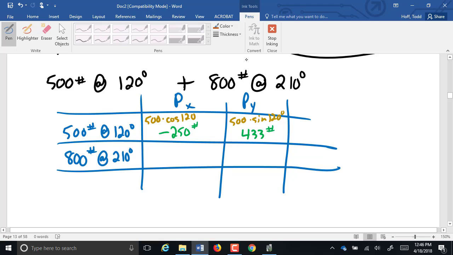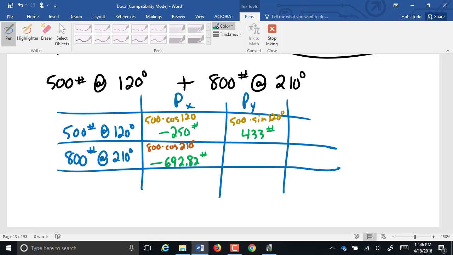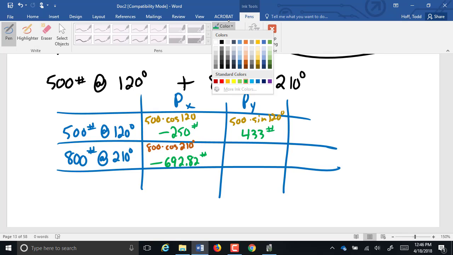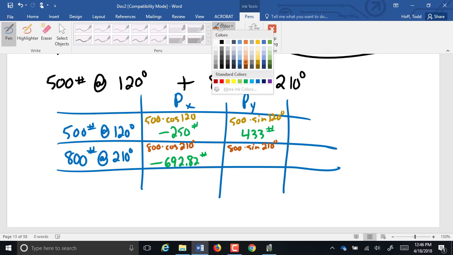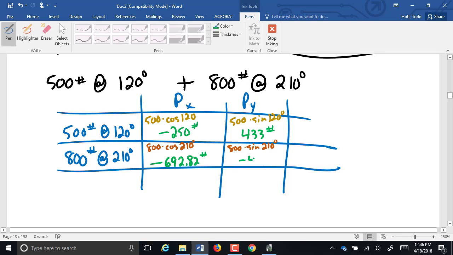So for the 800 pounds at 210 degrees, the horizontal is 800 times the cosine of 210 degrees, which is going to be a negative 692.82. And the vertical will be 800 times the sine of 210 degrees, which ends up being a negative 400 pounds.